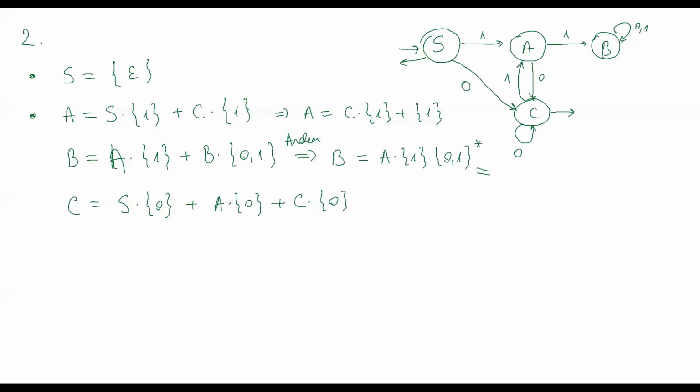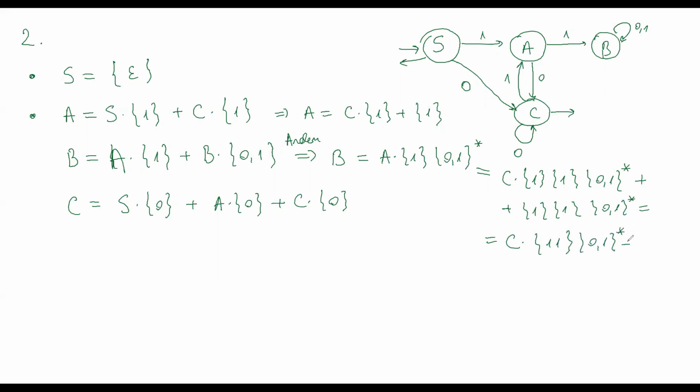So it's going to be C times 1 times 1 times (0,1) star plus 1 times (0,1) star. And I can rewrite this as C times 1, 1 followed by (0,1) star plus 1 followed by (0,1) star. So that's B here.